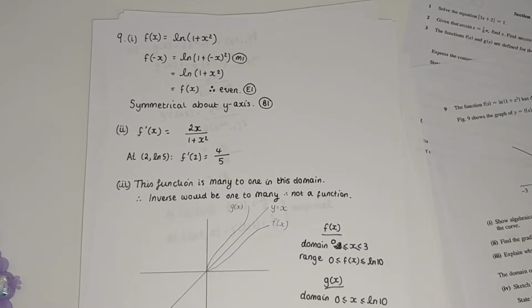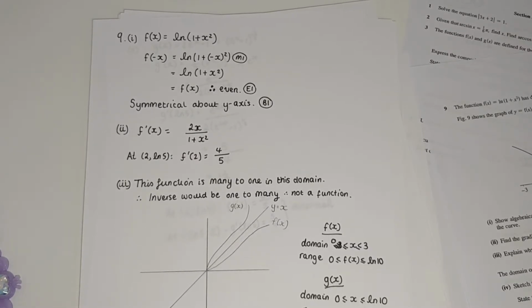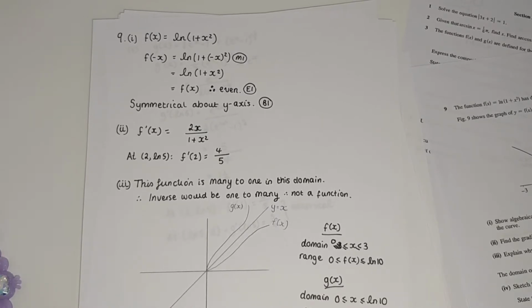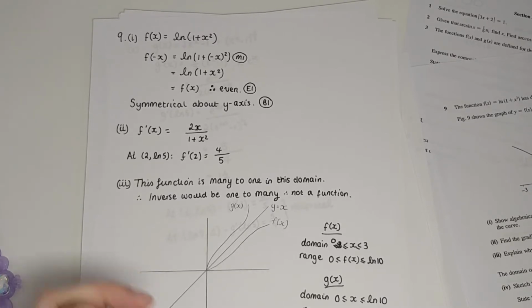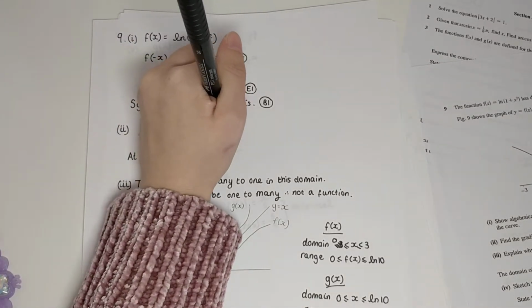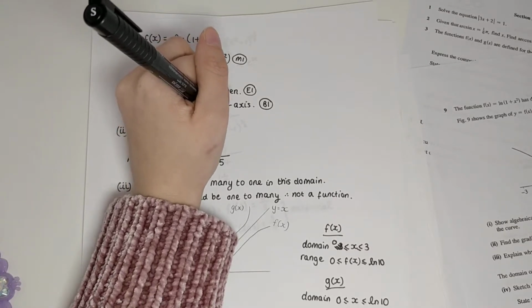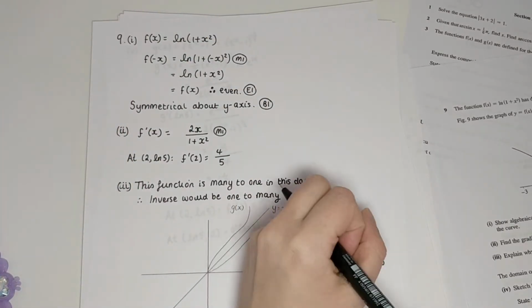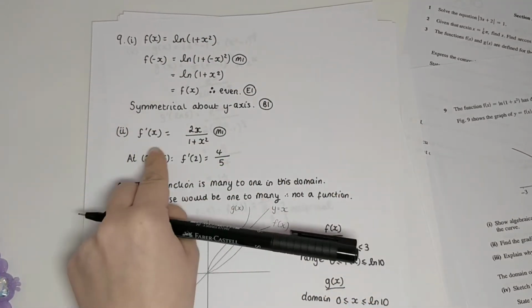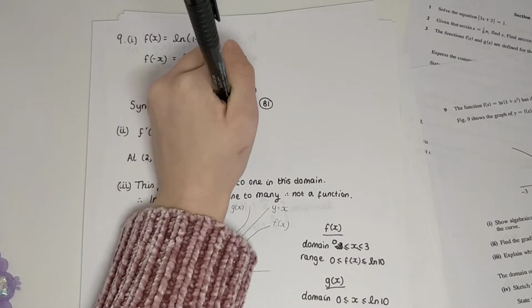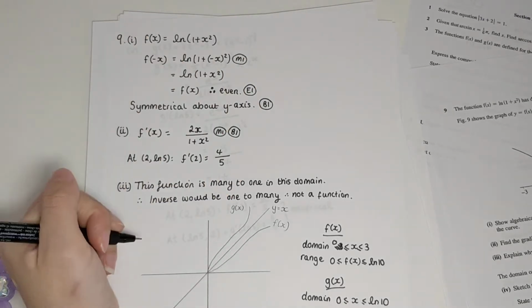Okay, part 2, M1 for using chain rule, either explicitly by writing, you know, u equals this, or just by doing it in your head. Accuracy, nope. B1 for the fact that when you differentiate log, you get 1 over, seen or implied. Mine is implied because I did it in my head.